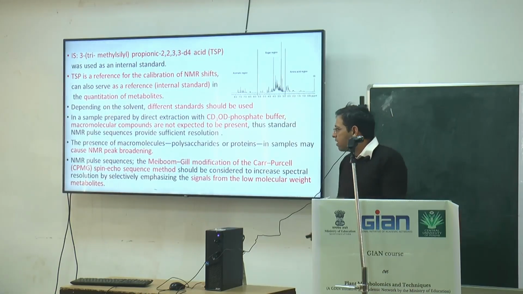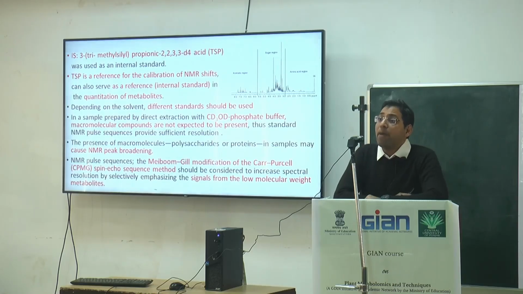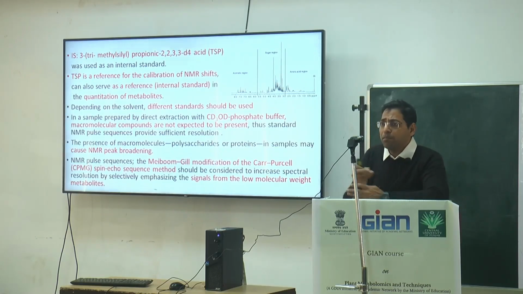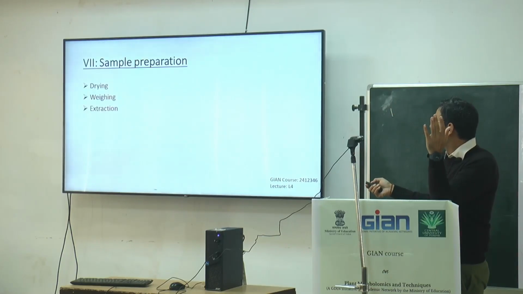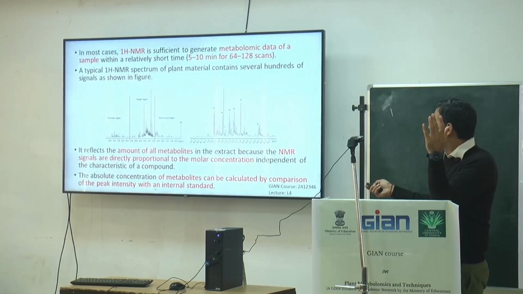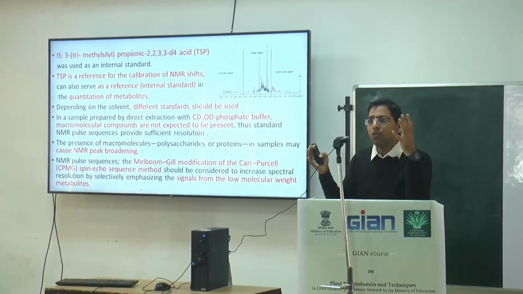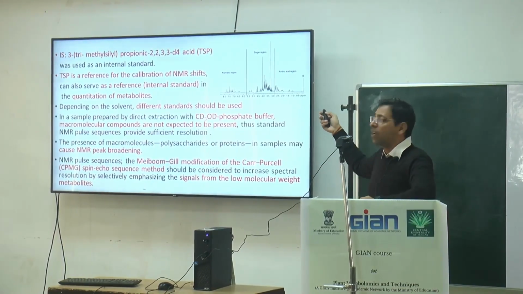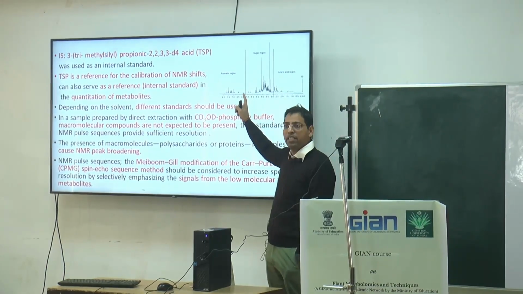Okay, and yes, there is another point. Sometimes if we are using macromolecules, very big carbohydrates or something, they broaden the peaks too much. The actual peak is just like this, a single line basically.